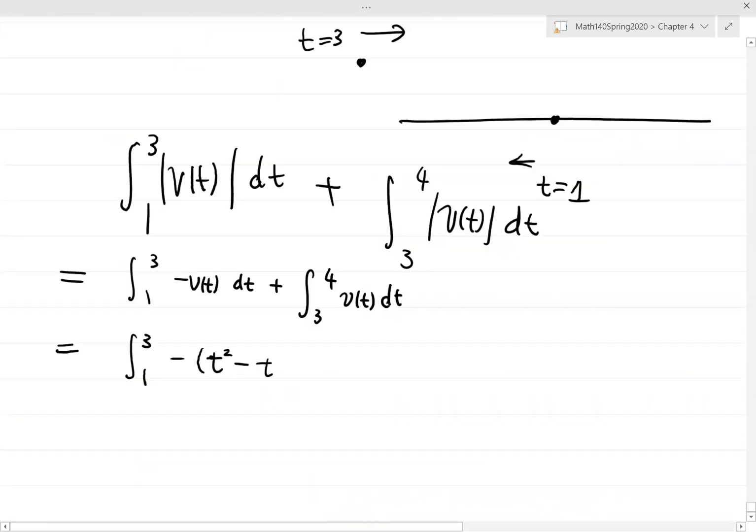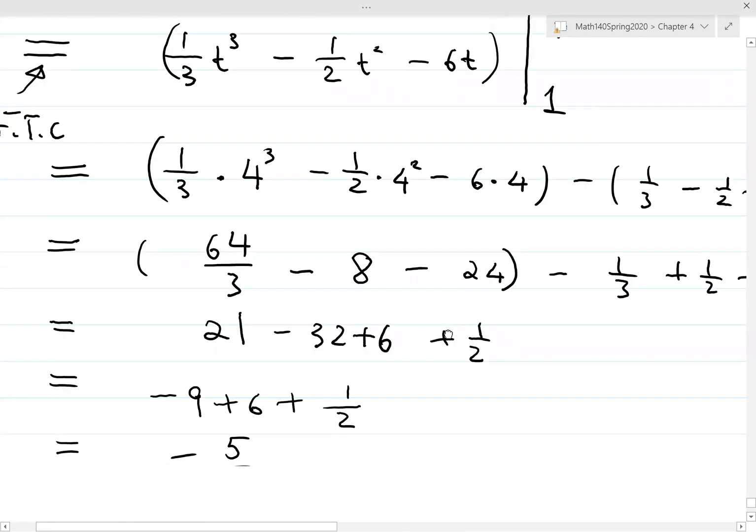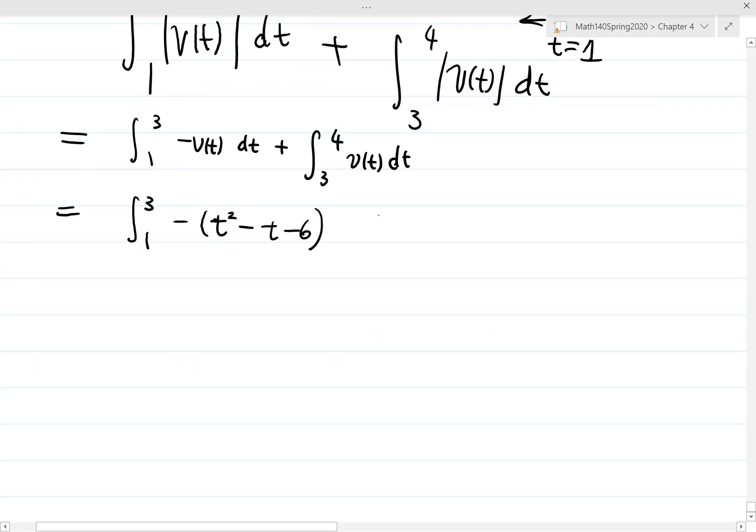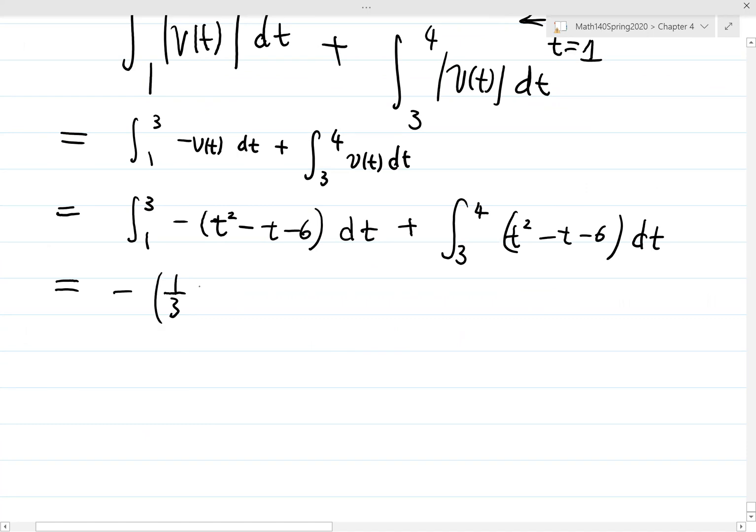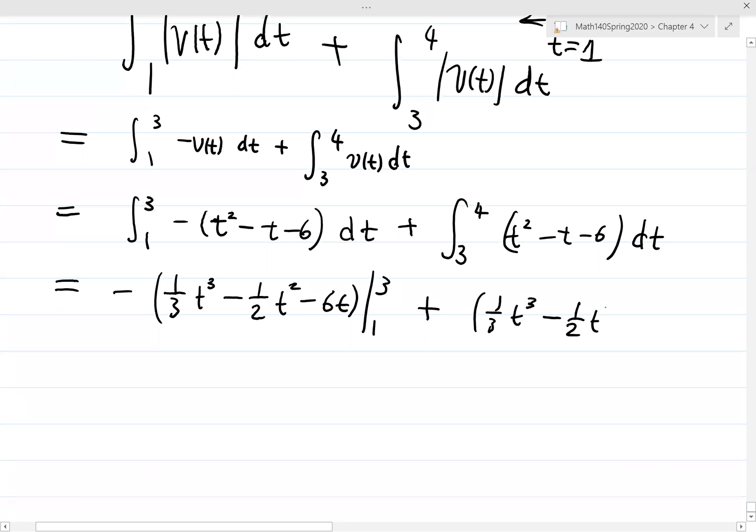So it's minus 6 dt, and then from 3 to 4, it's t squared minus t minus 6 dt, and we apply the fundamental theorem of calculus. So this will be negative 1/3 t cubed minus 1/2 t squared minus 6t from 1 to 3, plus 1/3 t cubed minus a half t squared minus 6t from 3 to 4.